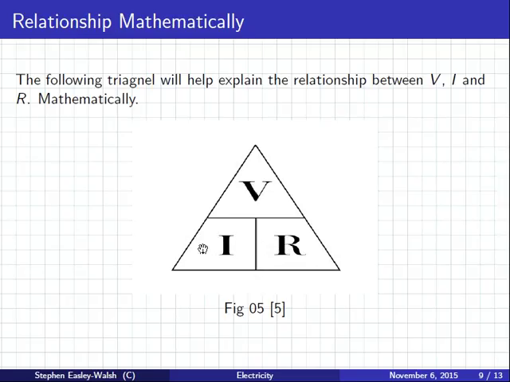If I want to know the current, the current is the voltage divided by the resistance. And if I want to know the resistance, the resistance is the voltage divided by the current. So this triangle can tell me the missing quantity if I know the other 2. It's a lot like the distance, speed, time triangle. You remember that? So if you can just draw this VIR triangle.